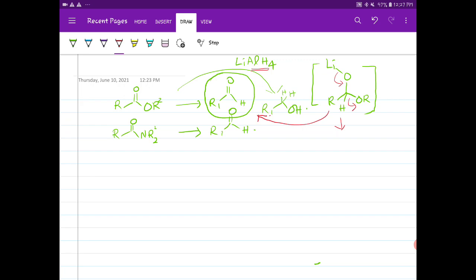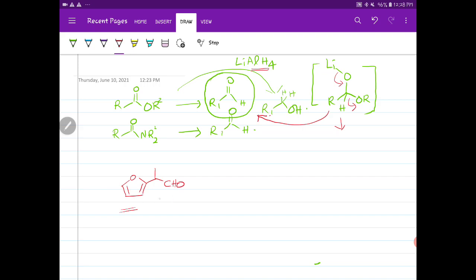The aldehyde is bound to get reduced to alcohol, so it's not easy to prepare aldehyde directly from ester. This is a medicinally very important compound, and this aldehyde is required for the synthesis of an antibiotic called monensin.